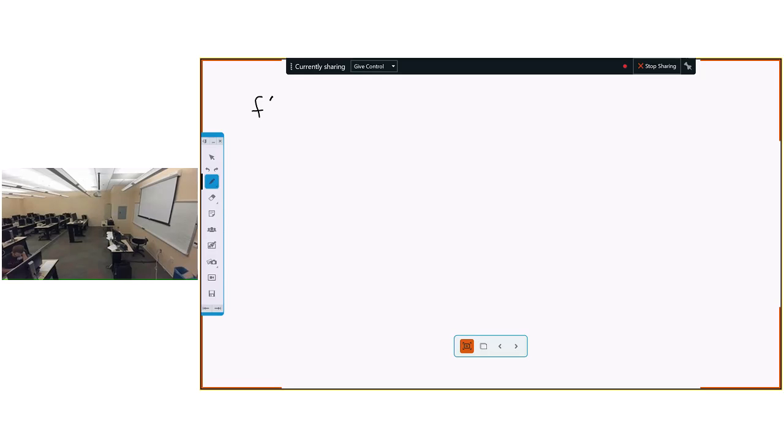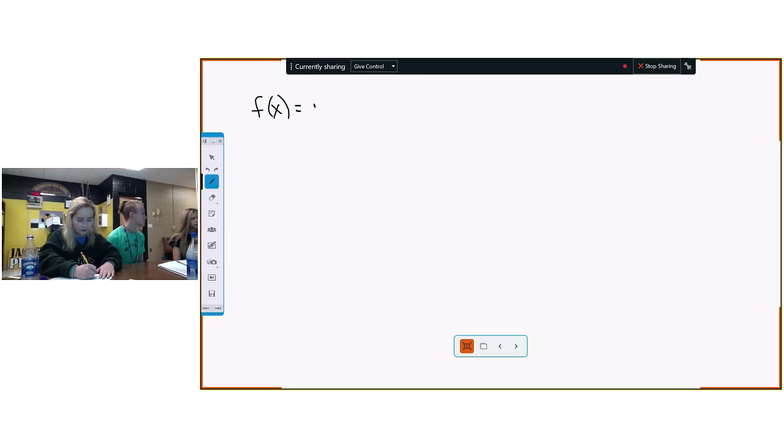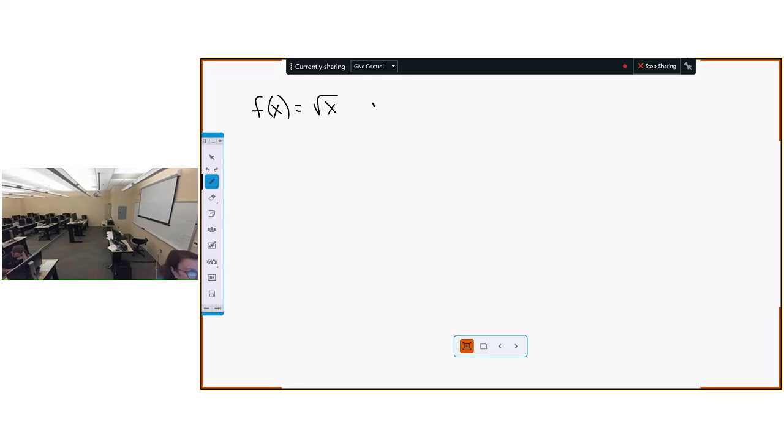Sometimes one way is easier than the other way, depending on what your individual functions are. Okay, back to f of x equals the square root of x, and g of x equals x minus 3. We want to find g circle f of x, which means g of f of x, where f of x is the inner function.